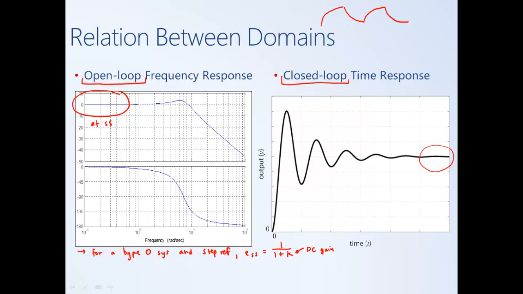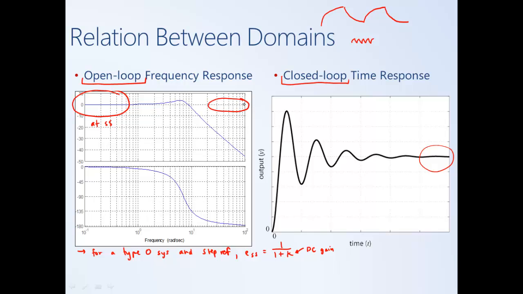But if we're switching that step input on and off very quickly, then the system doesn't have very much time to react, and you get in essence a very small amplitude output. And so that's typical. If our system is fast, it can track fast changing inputs well, but if our system is slow, then it can't react very quickly and the output ends up having a very small amplitude.